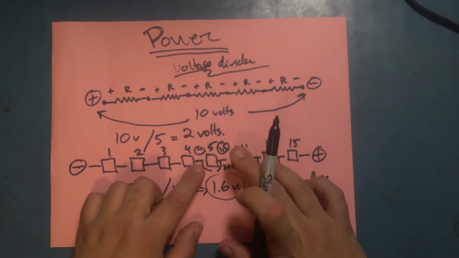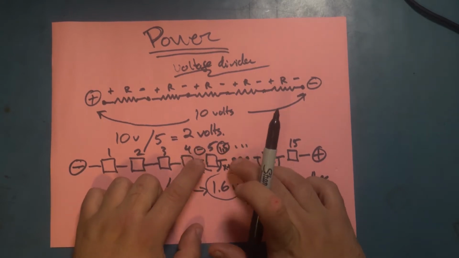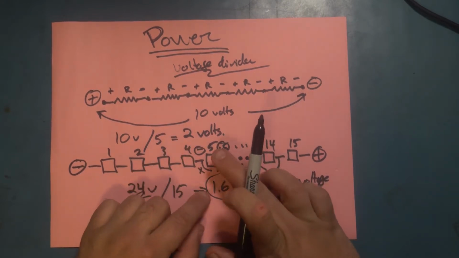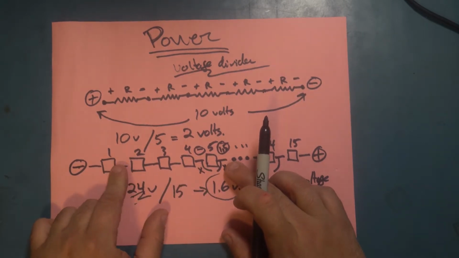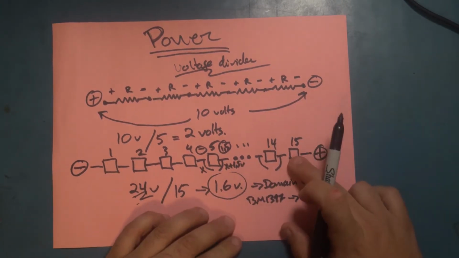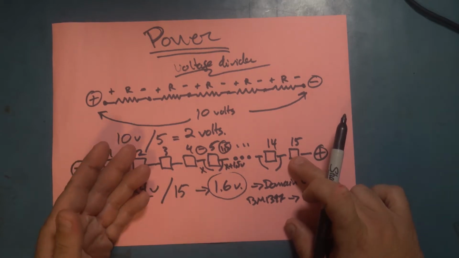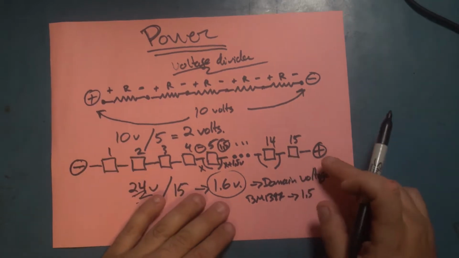The chip only sees a 1.5 volt difference between those two. So if that chip is in the middle of the chain, it sees 1.5 volts. If it's right at the beginning, it sees 1.5 volts. If it's at the very end, it also sees 1.5 volts. So it should be happy.